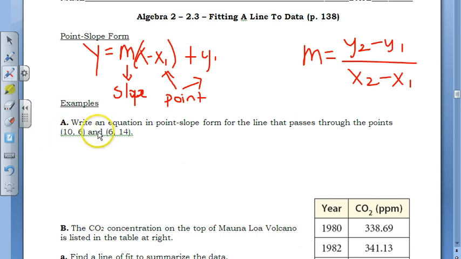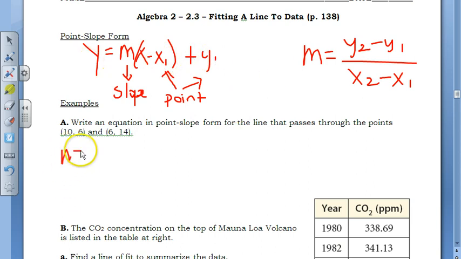Here I have 2 points, (10, 6) and (6, 14). I'm going to substitute those values into the slope formula to get the slope and into the x1 and y1 to get the whole equation.